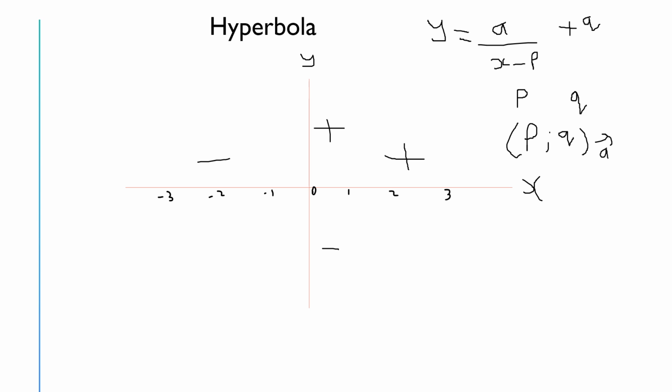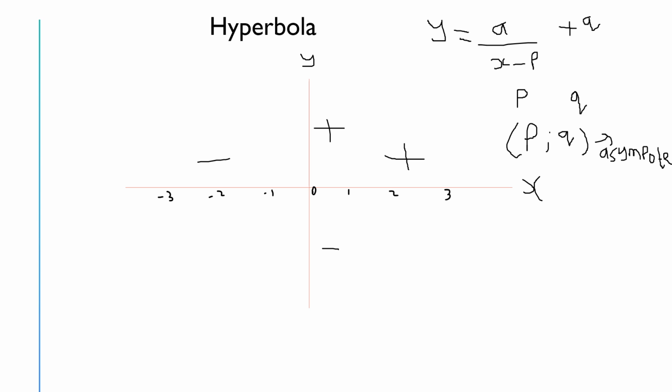This is unique because on other graphs, for example a parabola, p and q give us the turning point coordinates, but on a hyperbola, p and q give us our asymptotes.